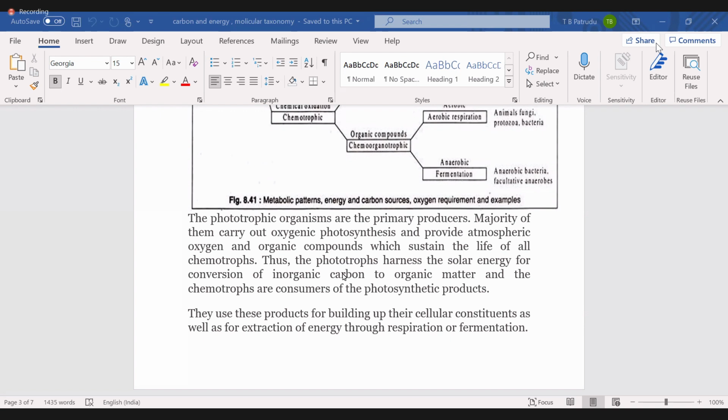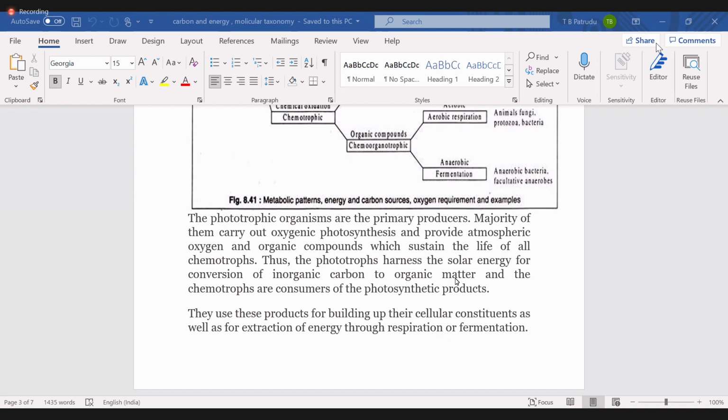And the next, the carbon to organic matter enters the chemotrophs, which consume the photosynthetic products. The inorganic carbon is converted to organic matter. In what way? Finally it is generated as C6H12O6, the glucose, or in fructose form.